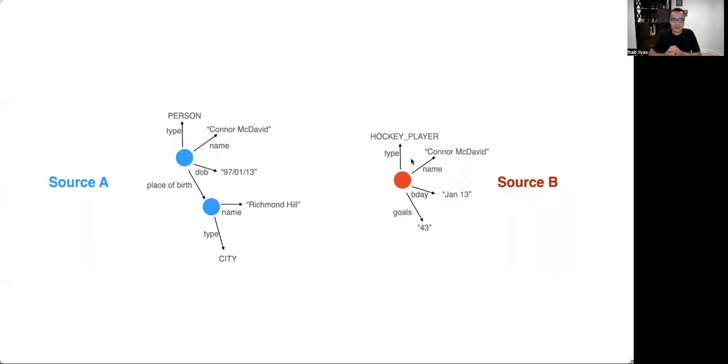So here's an example of what I mean by putting everything in one source, or the single source of truth of knowledge. Source A and source B talk about the same entity, in this case, Connor McDavid, the hockey player, and they represent that entity in different namespaces and also with different portions of information.